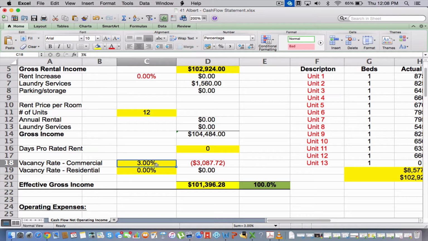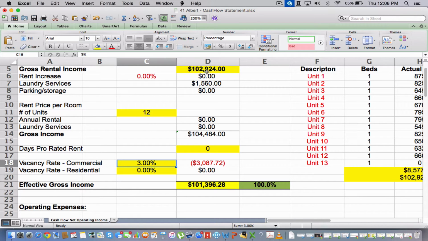So we use published statistics from CMHC and Statistics Canada to understand what vacancy rates are across a region like Hamilton or Kitchener or parts of Toronto. So for this building in this location, 3% as an average every year is the market vacancy rate. Now, again, next year might be a little less, the year after might be a little more. We're going to use 3% as a vacancy.